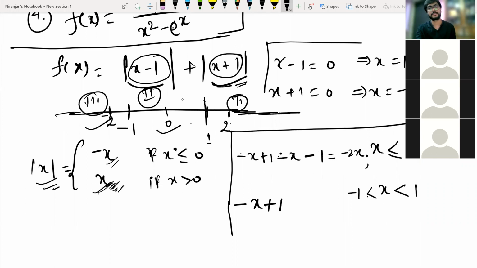When you put that equal to 0, you get x equal to 1. When you put x plus 1 equal to 0, you get x equal to minus 1. So basically you got two values. Now you go on the number line and mark those two values. Then you see that your real number line is actually divided into three parts. You can see that, right?